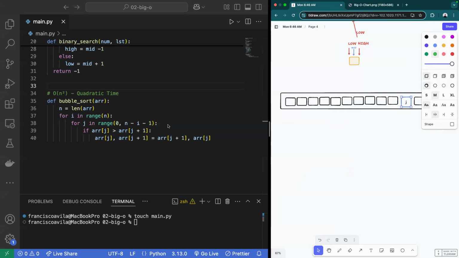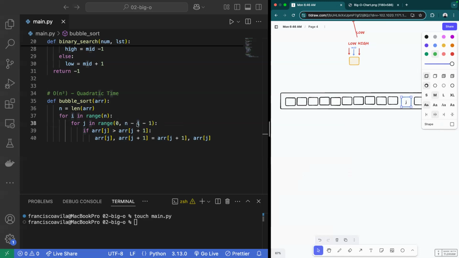I'm not seeing i being referenced here, other than for this first iteration. All right, so in this case, we have n, which is the length of 12, minus 0, because the very first iteration is going to be 0, minus 1, which is 11.